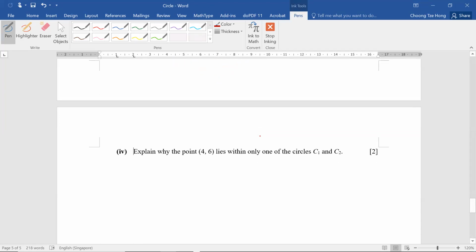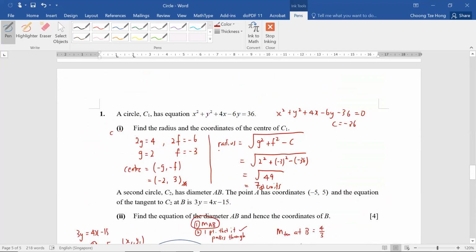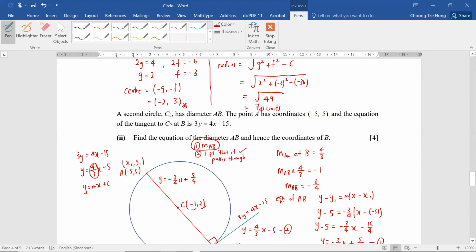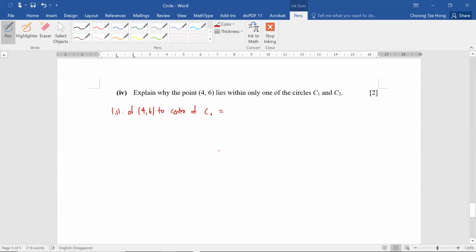Distance of 4, 6 to the center of C1. If you go back, the center of C1 is minus 2, 3. So we are going to find the distance from 4, 6 to minus 2, 3.